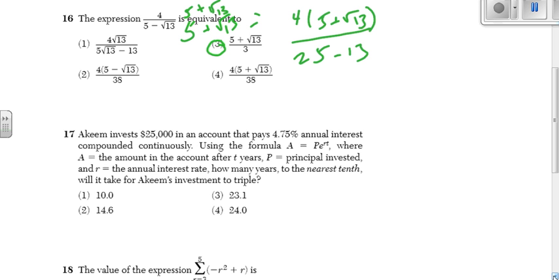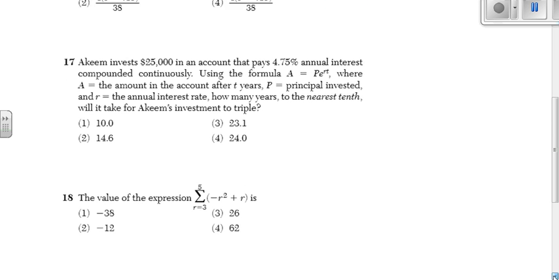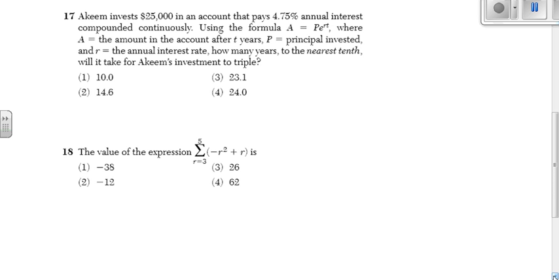Next question. A is 25,000. So we're going to plug this into the formula. So we have A is equal to 25,000 times e to the rt.